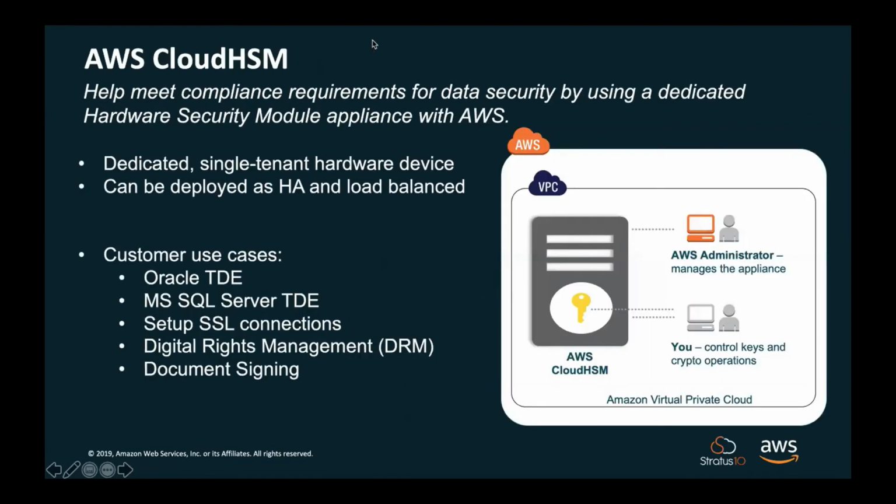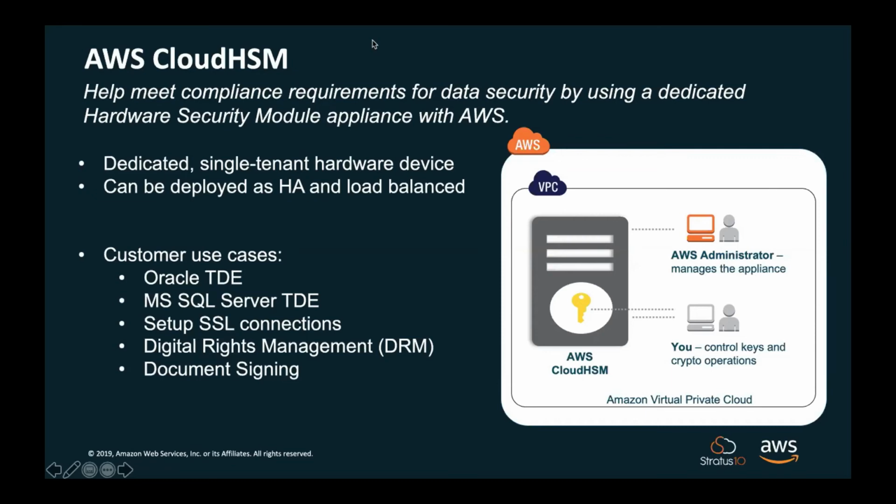But sometimes you might have regulatory requirements that you need to use your own key. Some customers have hardware security modules, or devices, in their data centers that they use to manage their keys. And then AWS has CloudHSM. If you need to generate your own keys and make sure that you're managing and controlling them, you can do that.